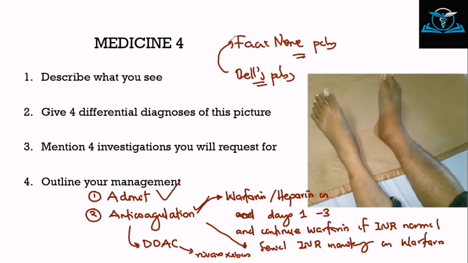So Bell's palsy is just an example of a cause of facial nerve palsy. Bell's palsy is not equal to facial nerve palsy, but it is the most common cause of lower motor neuron facial nerve palsy. Is that okay?